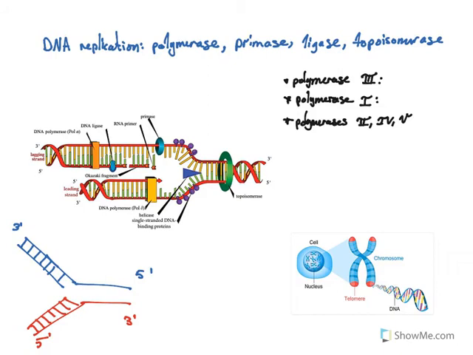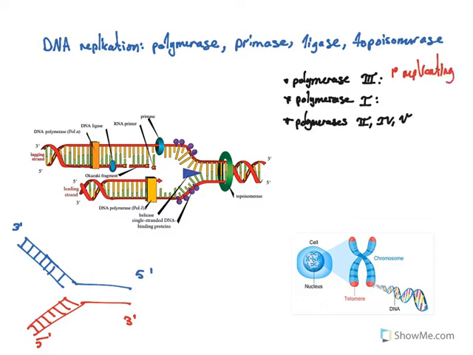So now that we have DNA helicase that comes in, unwinds the DNA helix structure, and essentially opens up each strand for replication, now we can actually begin our DNA replication process. So a few enzymes are important to note here. First, we have DNA polymerase 3. DNA polymerase 3 is essentially the primary replicating enzyme.